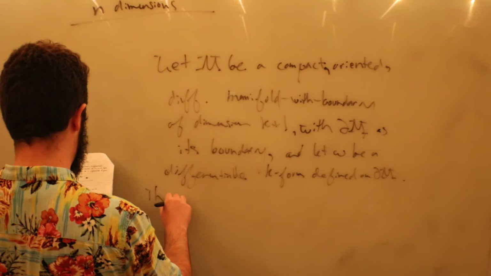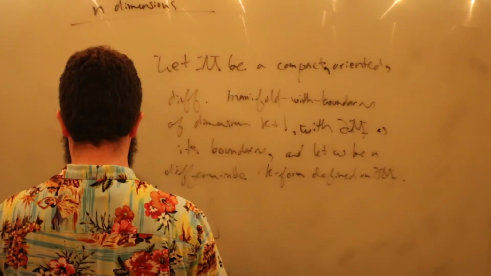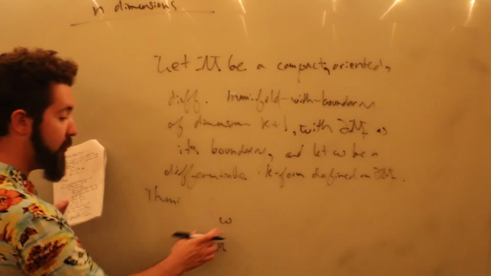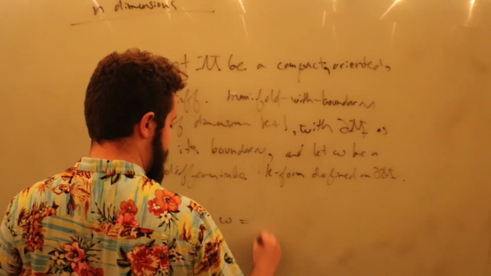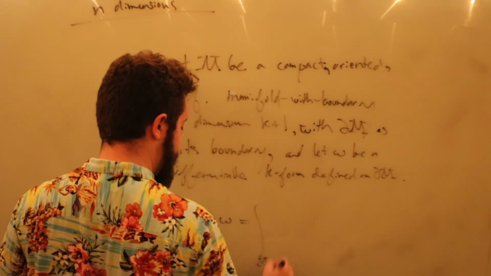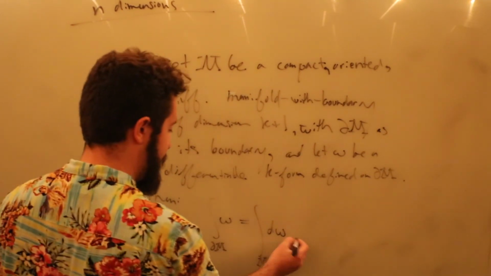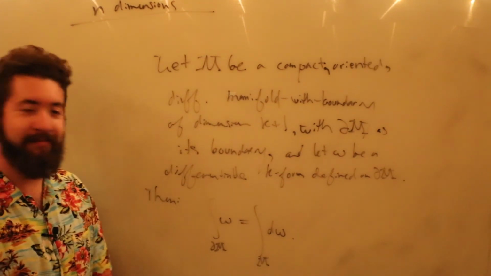Then the integral over the boundary manifold of the differential form omega is equal to the integral over the main manifold of the exterior derivative of the differential form omega.